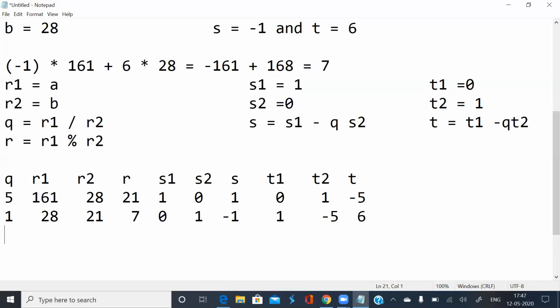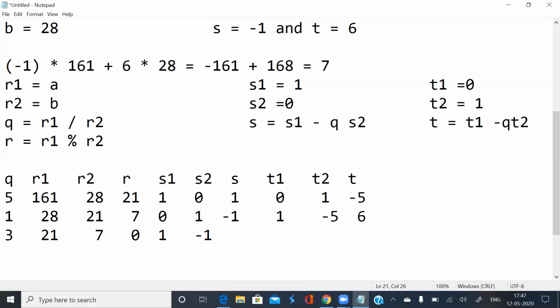Next. This is 3. What about this? This is 21. This is 7. Remainder is 0. What about S1? S1 is 1. S2 is -1.